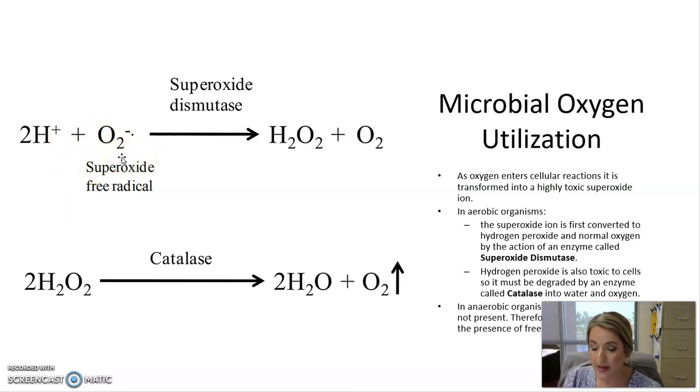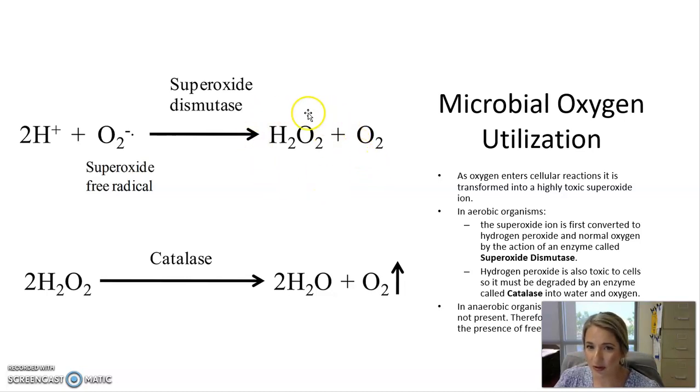If the bacteria is aerobic and able to use oxygen, that's okay. It's going to be able to break it down. So the first step, it will use superoxide dismutase to break down the toxic superoxide ion into hydrogen peroxide and then just normal oxygen that the cell can use. So that's kind of step one.